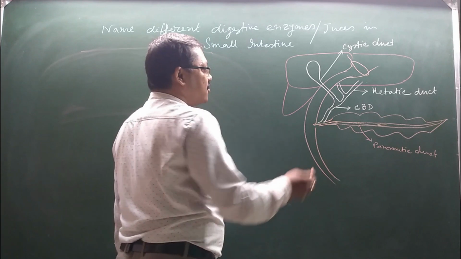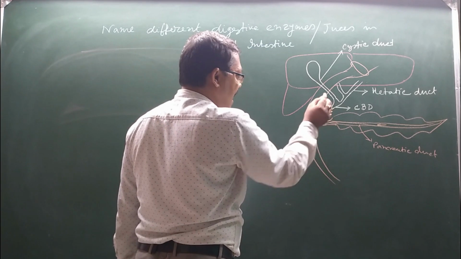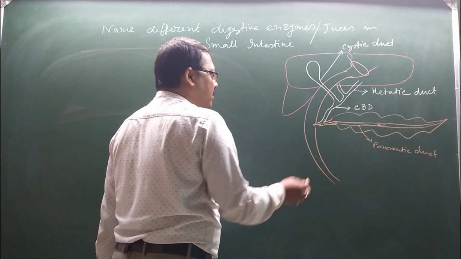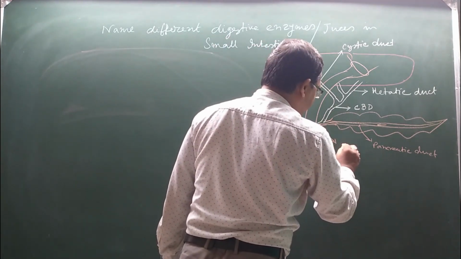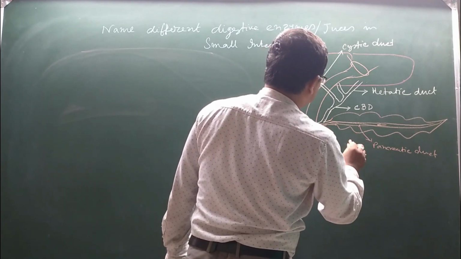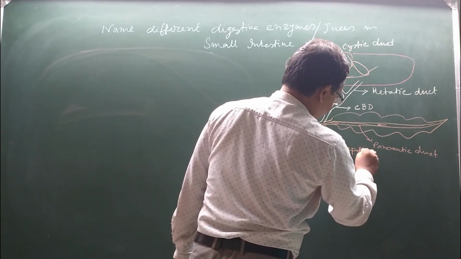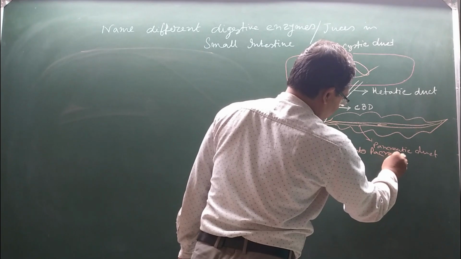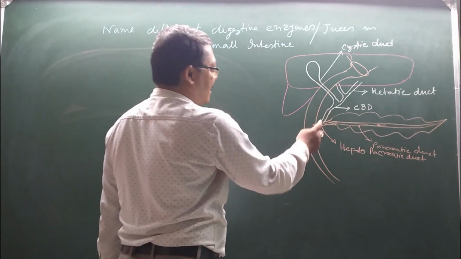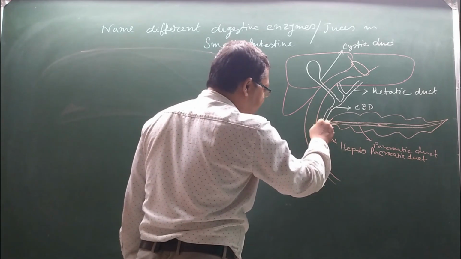Through the CBD, bile is coming. The bile and the pancreatic juice mix in this zone. This is called the hepatopancreatic duct. The common bile duct and the pancreatic duct unite here and a sphincter is present.